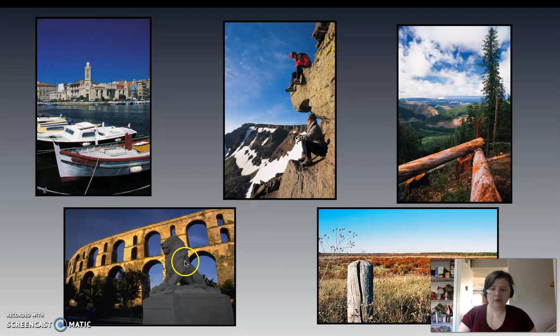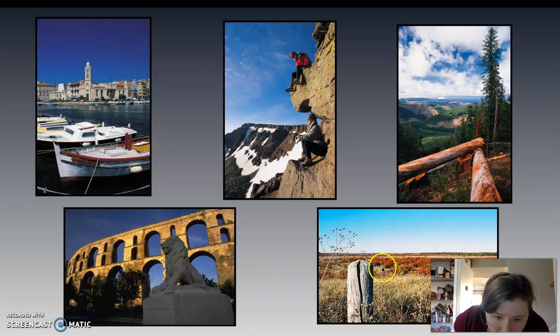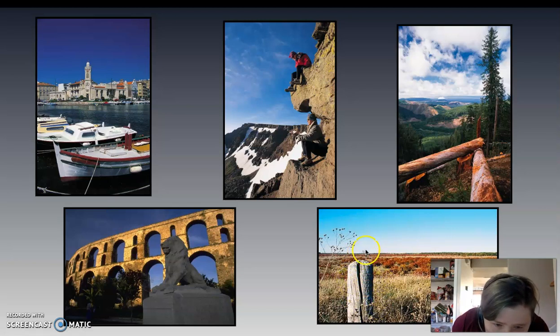We have these two structures, the lion sculpture and the aqueduct. And then in this one, if you look really closely, we have this post, but way back in the background, there's this little tree guy. You might need to look really close to see it, but it's kind of a cool thing once you notice it.